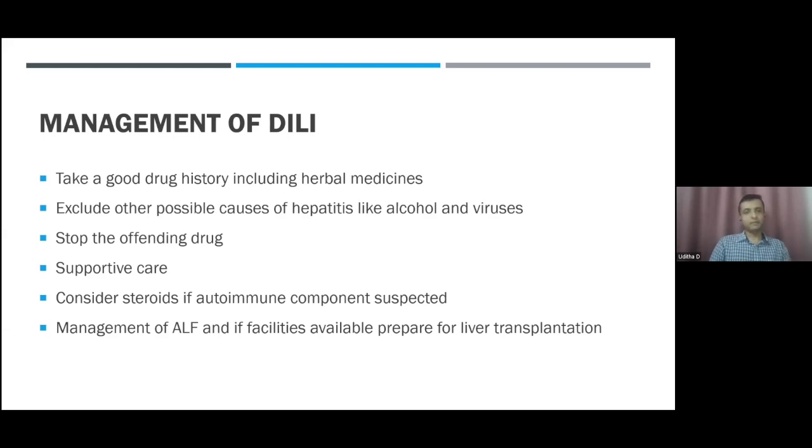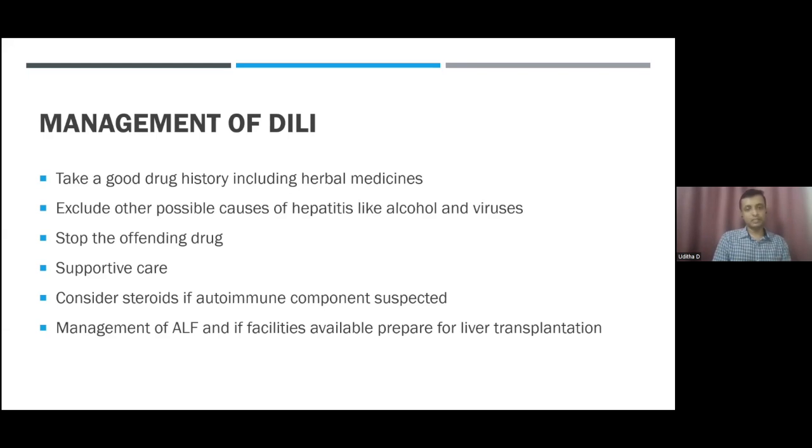But if you suspect a drug-induced autoimmune hepatitis, where some of the autoimmune markers are positive, then you can consider steroids. Typically, using steroids in this situation would be more short-term compared to a typical autoimmune hepatitis, and you can safely withdraw the steroids without any relapses if it's a pure drug-induced hepatitis.